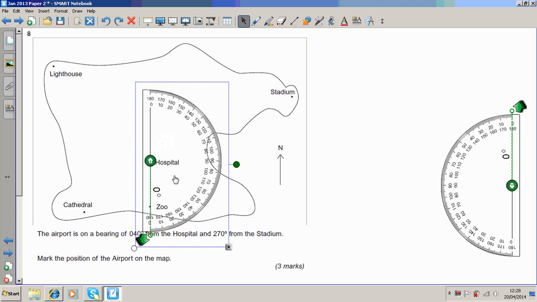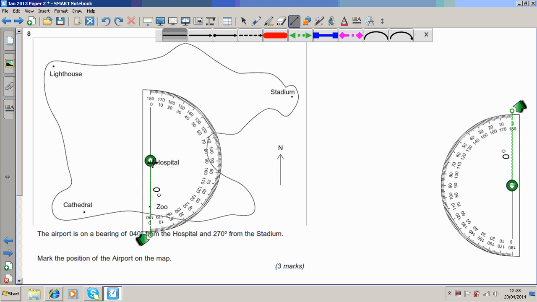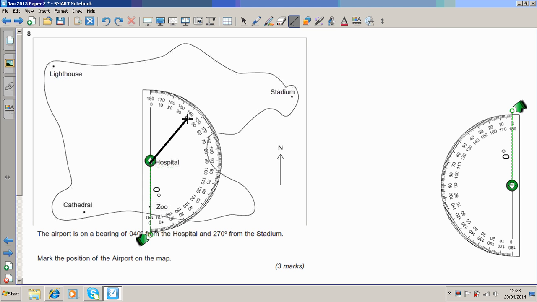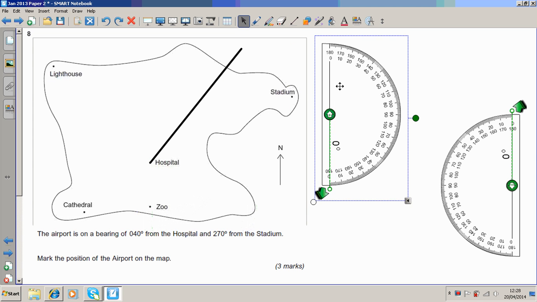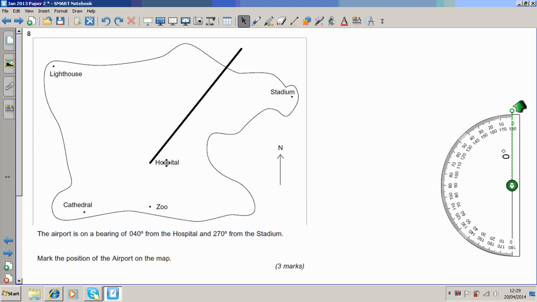We put our protractor on the hospital with 0 going up through north. Then we draw a line going through at 40 degrees. So 40 degrees is there. So I know that the airport is somewhere along that line there, because it's on a bearing of 40 degrees from the hospital.